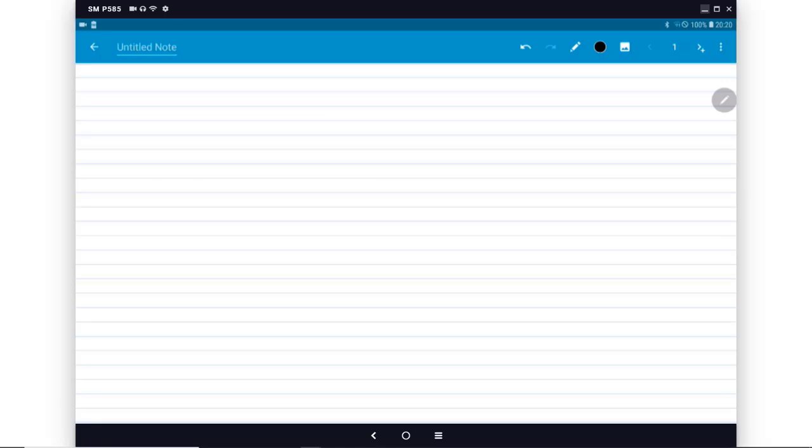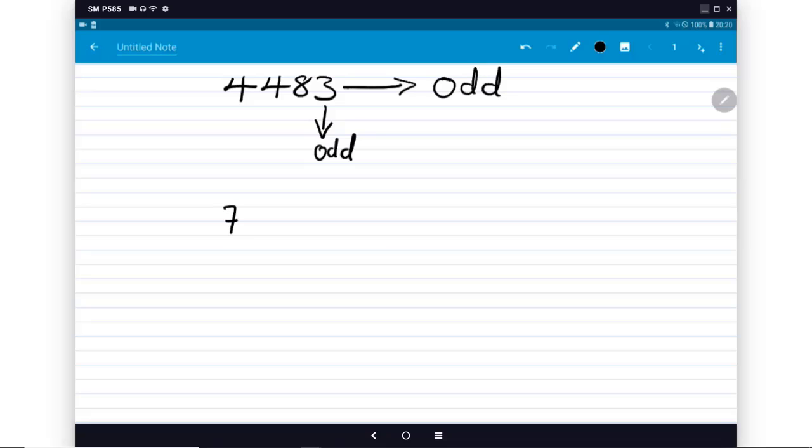For example, the number 4483 is an odd integer because the last digit is odd, and 7938 is an even integer.